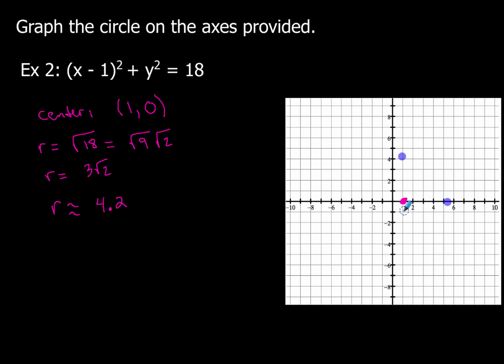And then 1, 2, 3, 4 to the south, and go a little bit more than that, and then 1, 2, 3, 4 to the left, and a little bit more than that. So that would give me my approximation for where those points would be on the circle. It's not exact, but it's pretty close. All right, it'll be close enough for this. So that's all you need to do to graph the circle when you are given the equation in standard form.